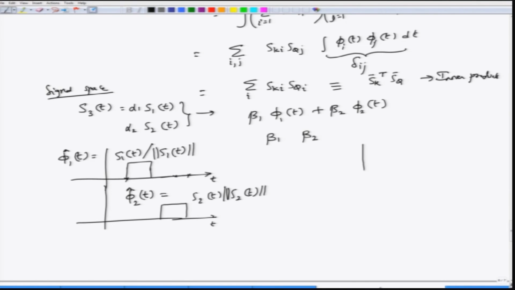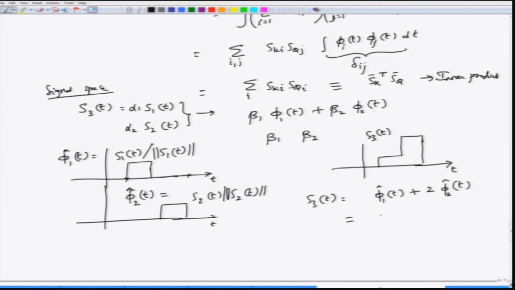From these two basis functions, I can write down this vector. I can represent this signal S3 of t as, say, 1 unit of phi 1 hat of t plus 2 units of phi 2 hat of t, for example, or equivalently I can simply give the coordinates 1 and 2.